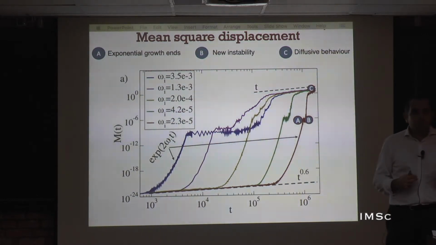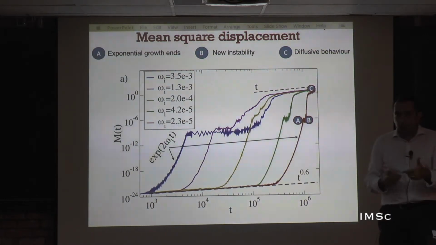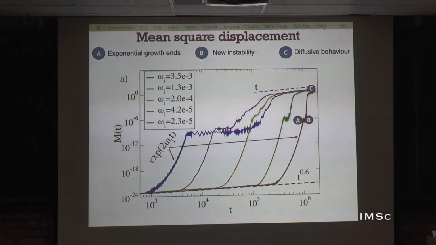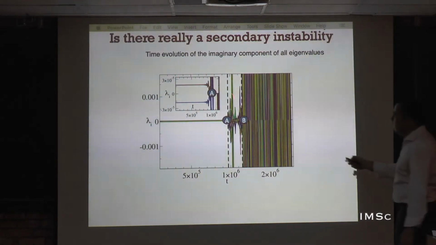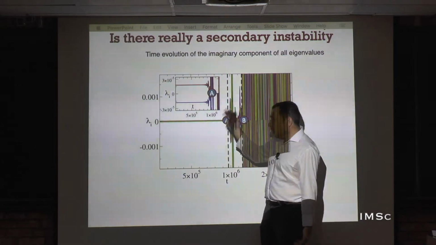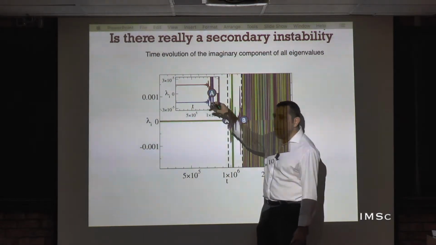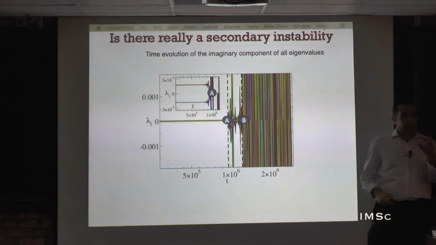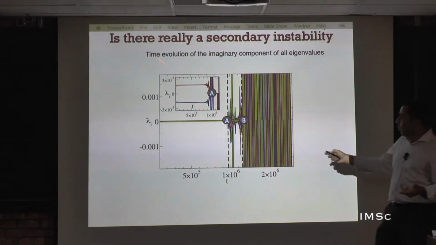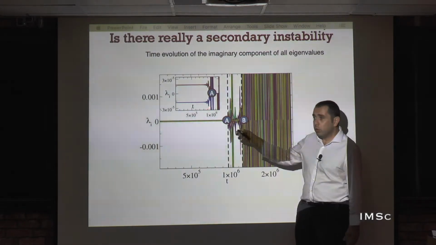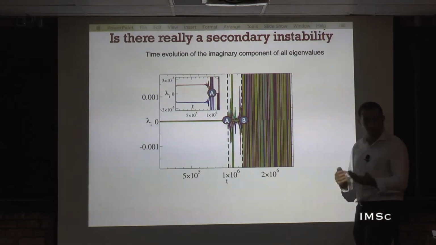So it means that the eigenvalues are not changing. If the eigenvalues are changing, this is no longer true. So if we have a look here in the inset, for one of these examples, at the imaginary component of the eigenvalue that is dominating the exponential growth, what you see, well, it is really constant over the exponential growth, which is what you expect.